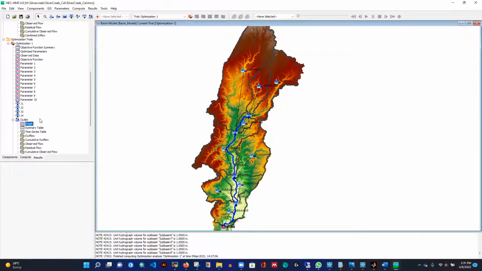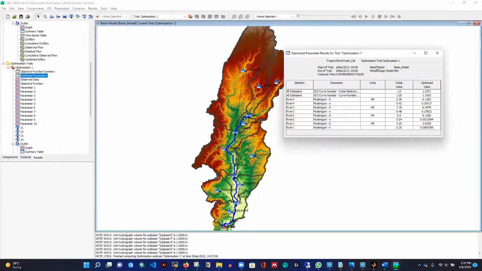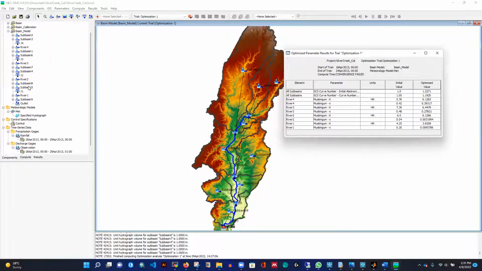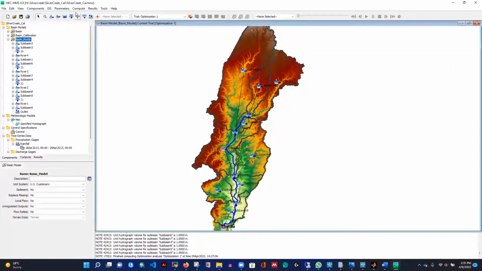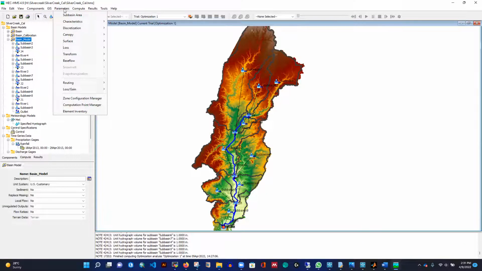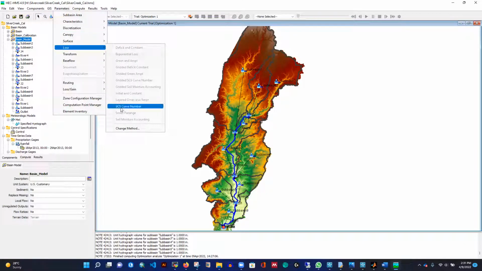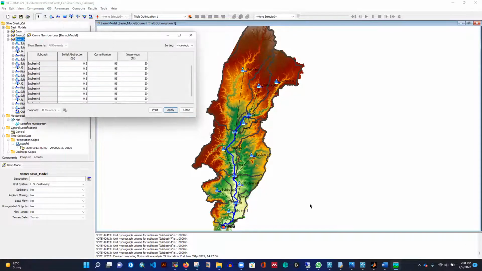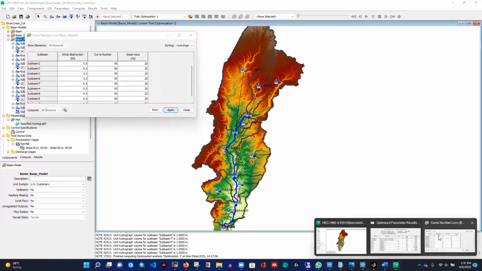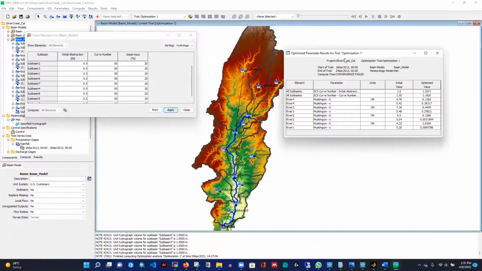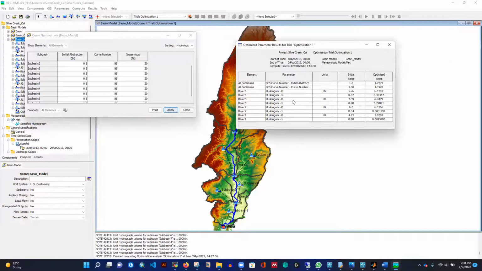We have the function, we have the optimized parameters. So keep that in mind, and go to your component and then model, go to parameter and the loss factor here. Okay, open that. Optimized parameter. So what do we have to do? We have to change it.